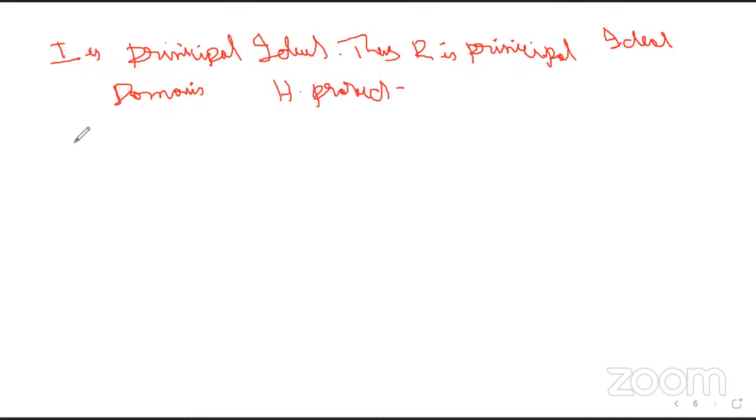Next theorem, most important 10 marks question, page number 221.